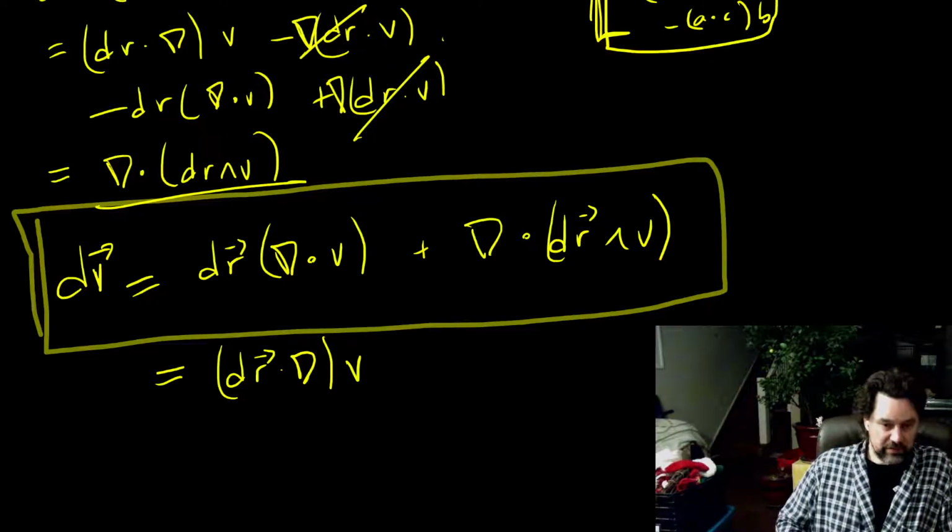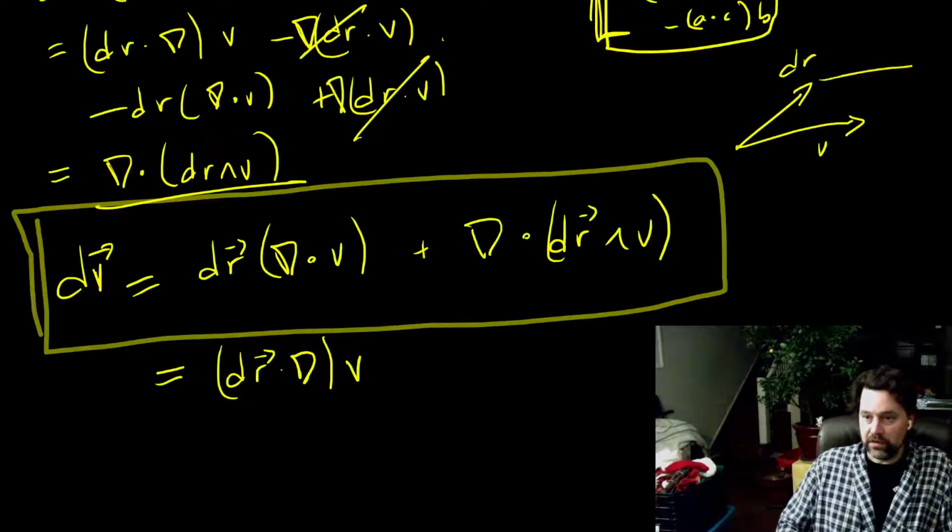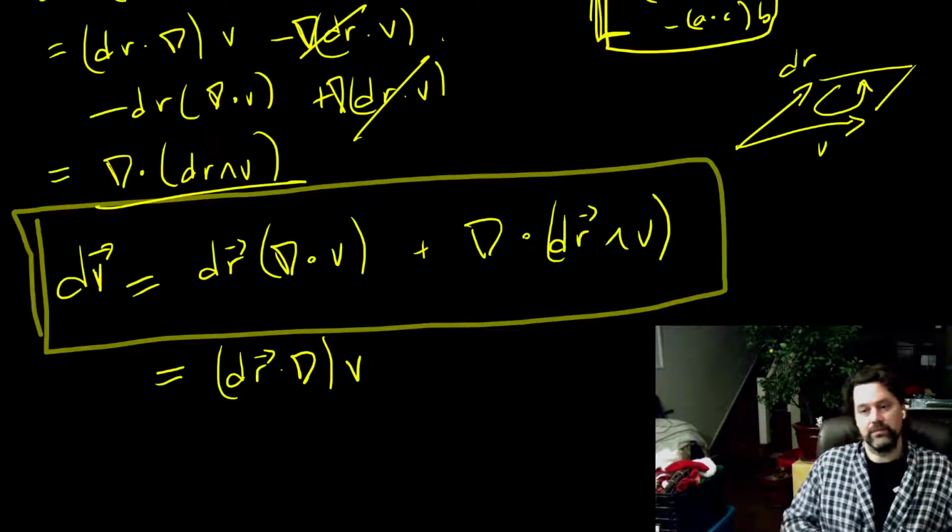So if we have dr and v, dr wedge v is this plane, and then we take the dot product of the gradient with that plane as one of the components of our differential.